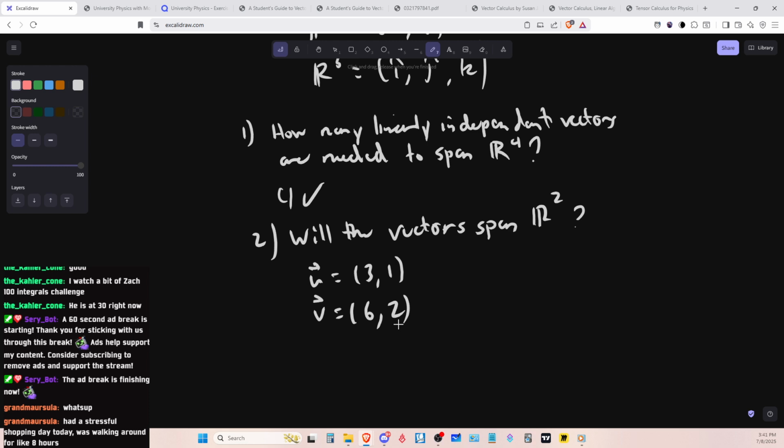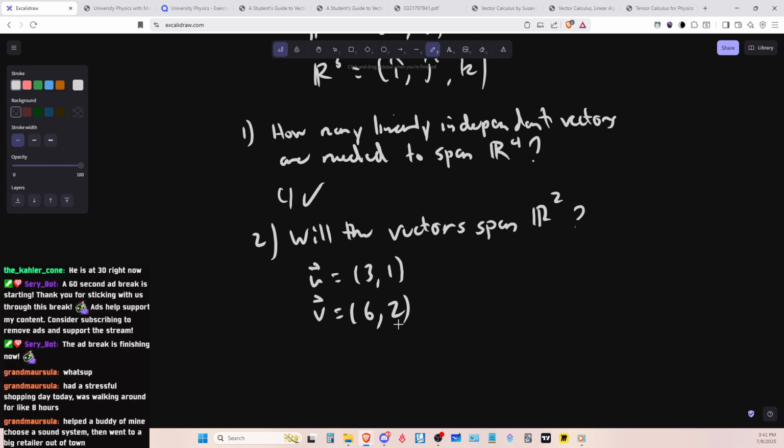It's basically linearly dependent, because if you multiply 2 by u, it's literally like u times 2.